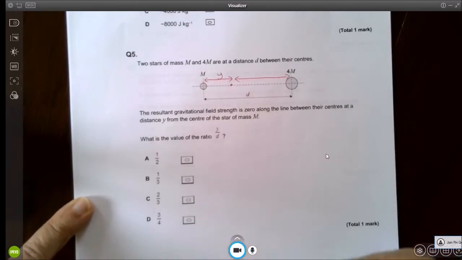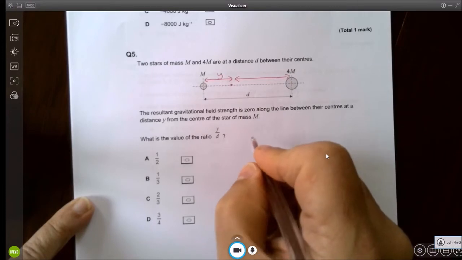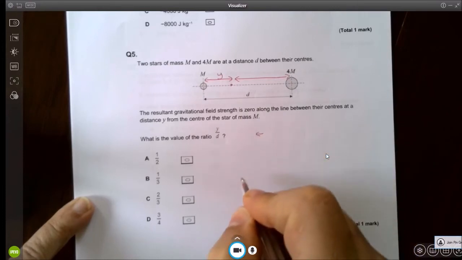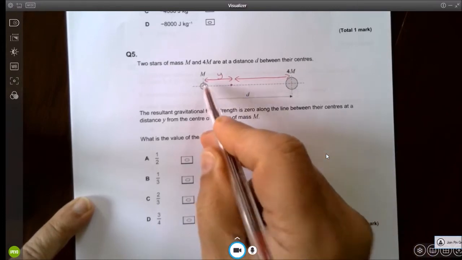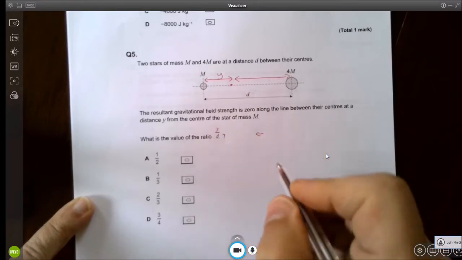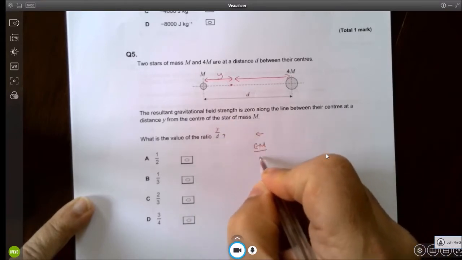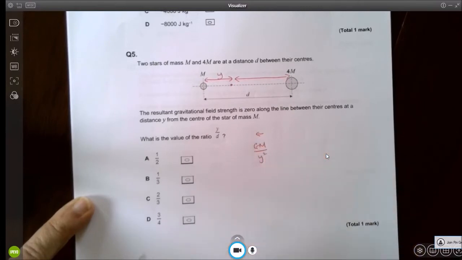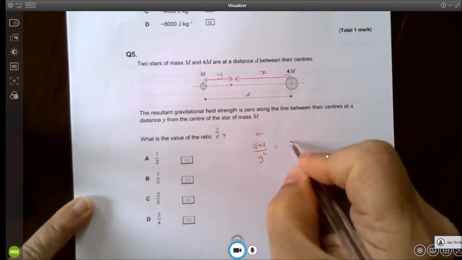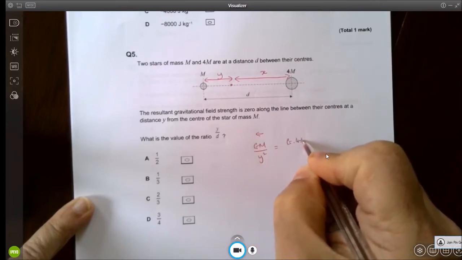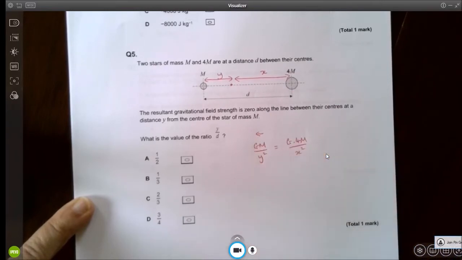The correct mathematical way to do this is to work out the field strength in that direction due to this star, which is GM over y squared. If we give this a different name, let's call that x, the other one is G times 4M over x squared.